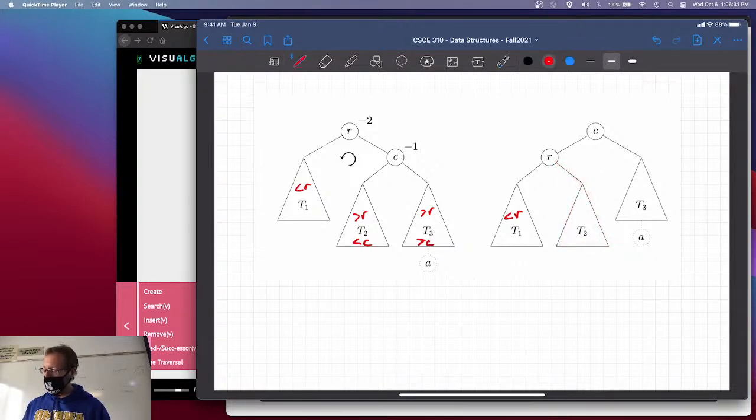So once again, everything in T2 is greater than R, but less than C. So we have preserved the binary search tree property.